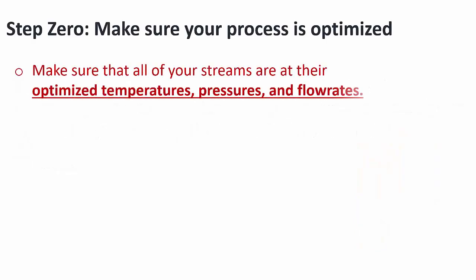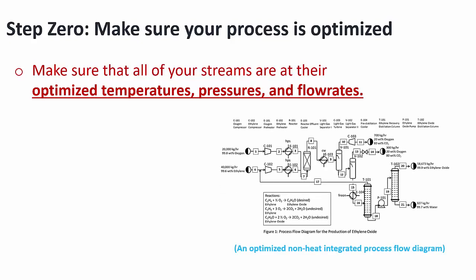Step 0, as mentioned before, is making sure your process is optimized. This means that you want to make sure that your streams are at their optimized temperatures, pressures, and flow rates. So this is a process flow diagram I developed. It is an optimized process flow diagram, but you might notice there's no heat integration. But I know that every flow rate, every temperature and pressure are exactly what I want it to be.